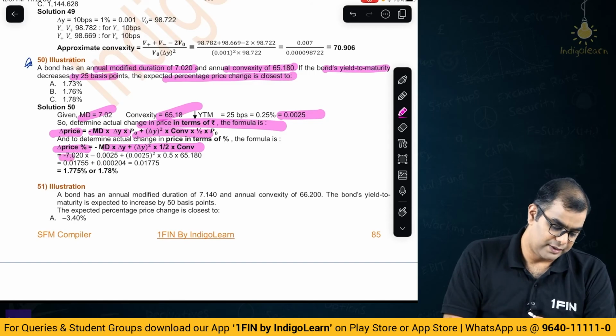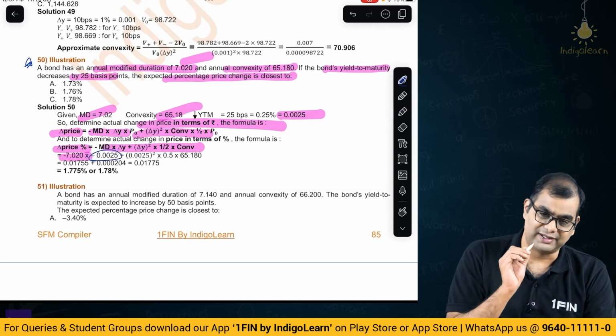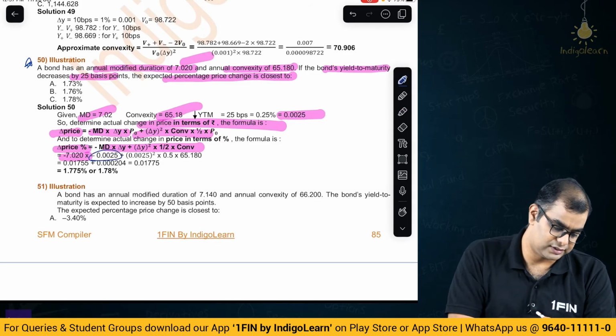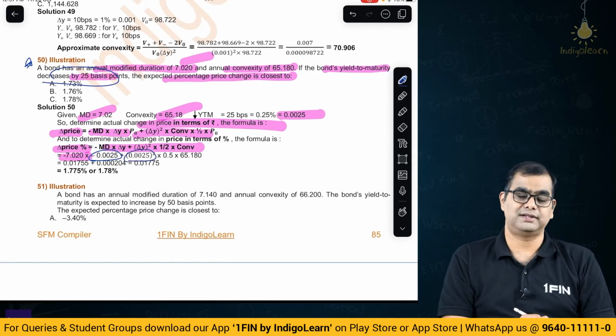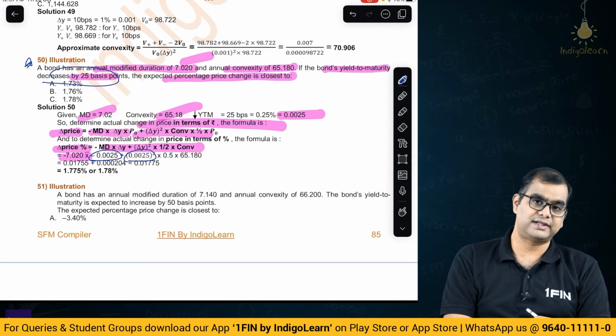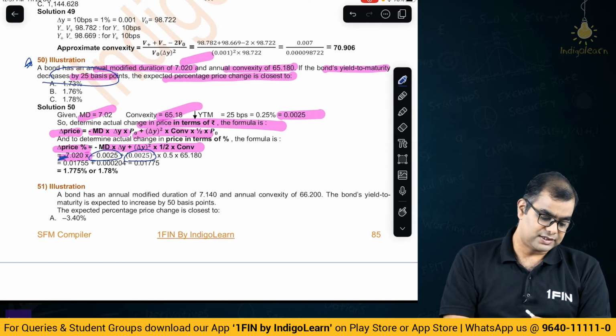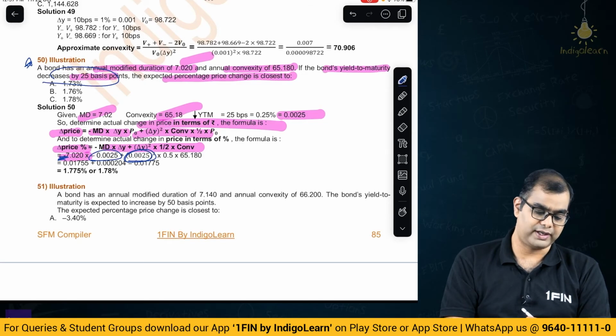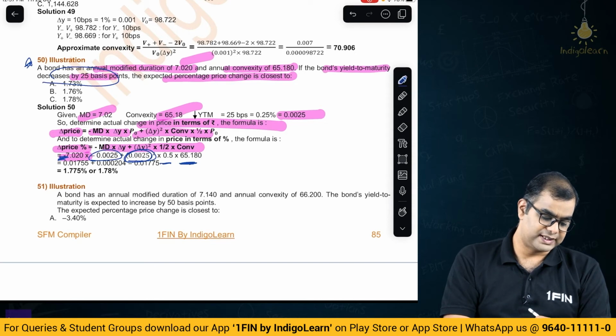What will this be? Minus 7.02, which is basically your modified duration, into change in yield, which is a reduction in yield, correct? Decrease in yield, so minus 0.025, plus, and here because there is a reduction in yield, you actually put minuses before it, plus 0.025 whole squared into half into 65.18. So, you basically compute all of this, you get a value of 1.78.